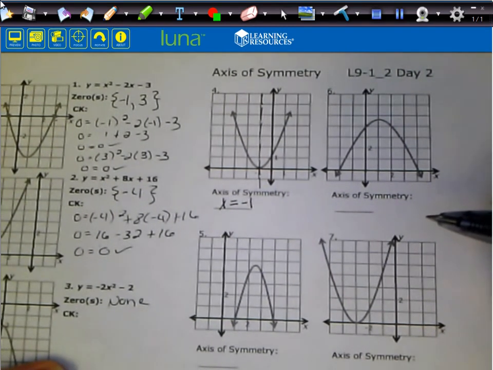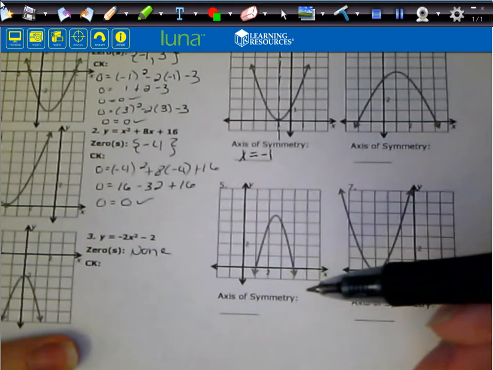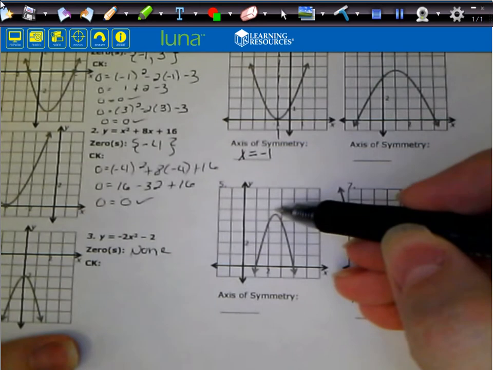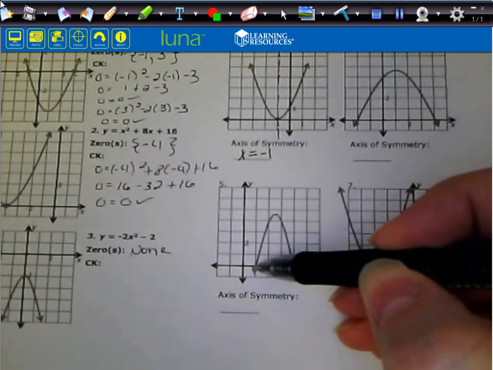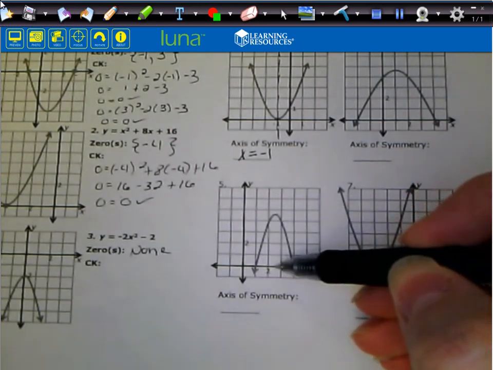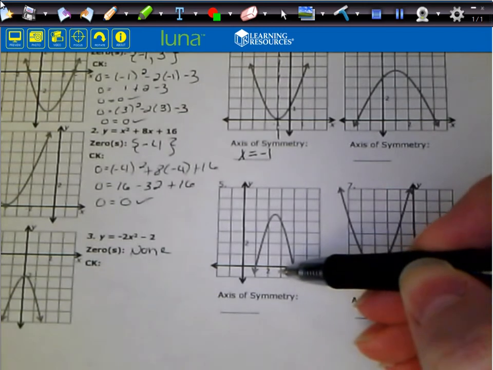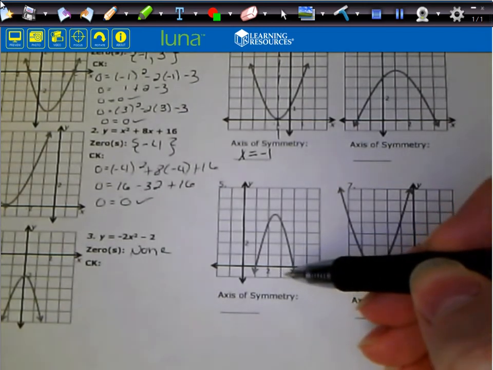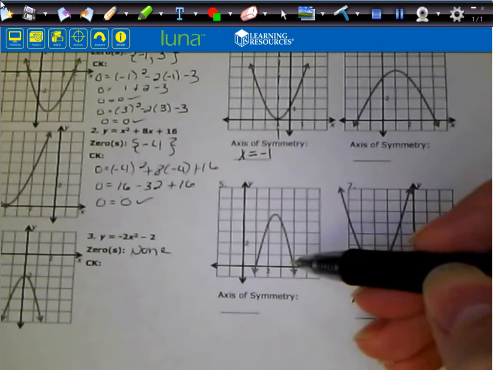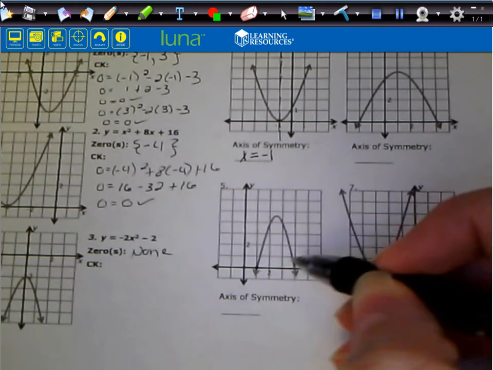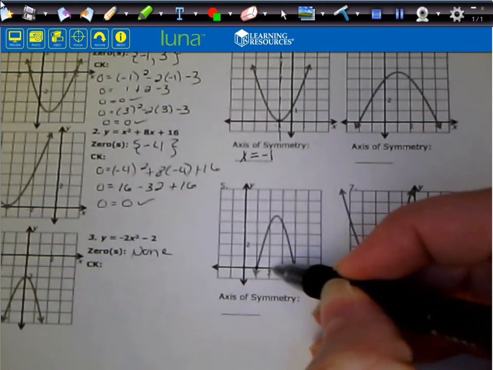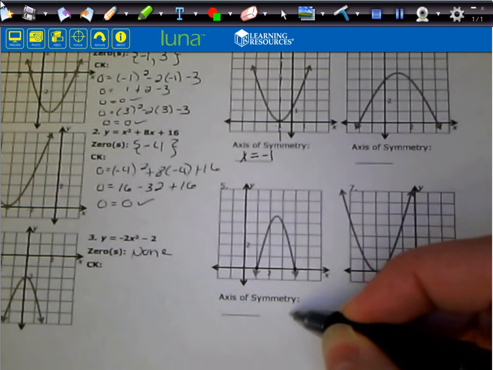Now on number 5, if you'll notice here, it looks like it's about at 2.5. But there is a way for us to make sure that we have it exactly right. So what we're going to do is look at our zeros. Our zeros here are 1 and 4.